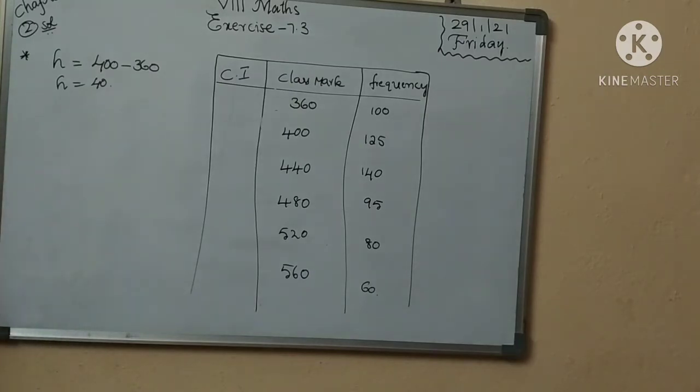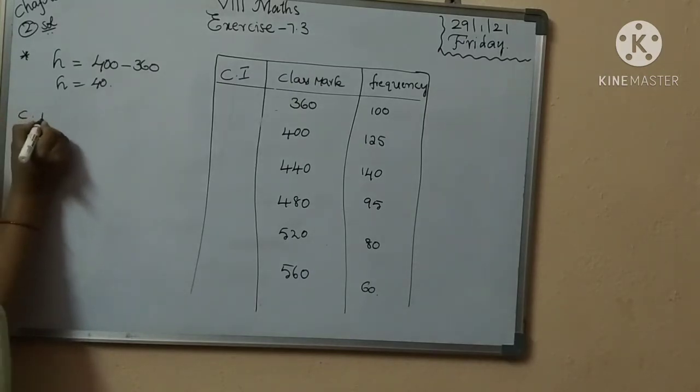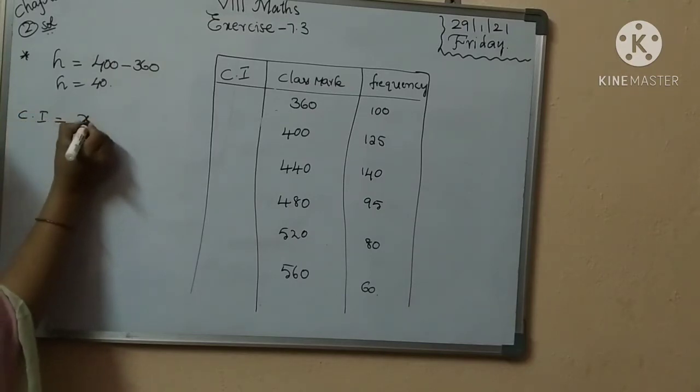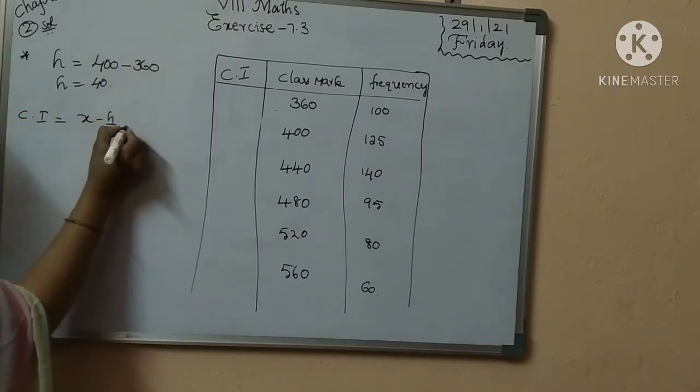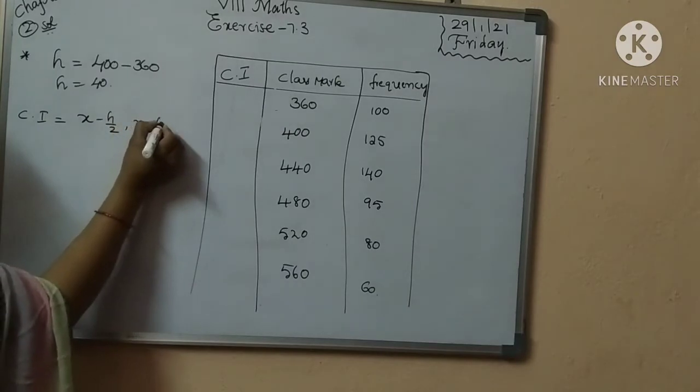To find the class interval, we use the formula: class interval equals x minus h by 2 comma x plus h by 2.